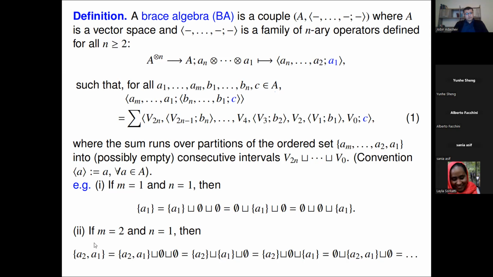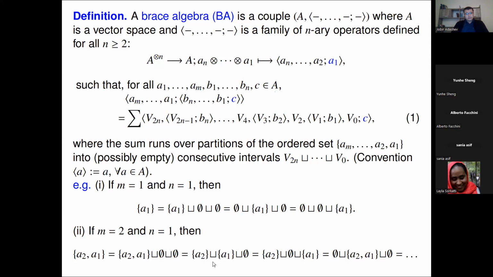If M is 2, that means we want to partition A1, A2 into 3 consecutive intervals. We can do this by putting both elements at the beginning, and the other 2 places are empty sets.